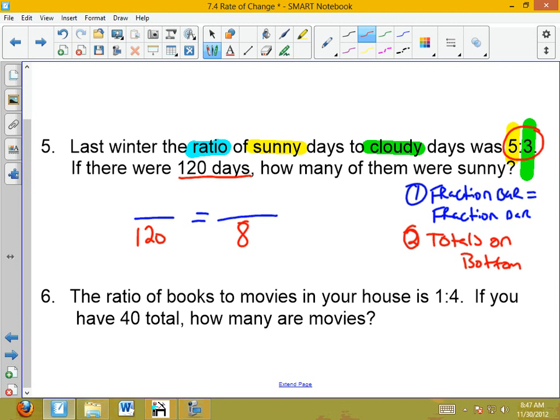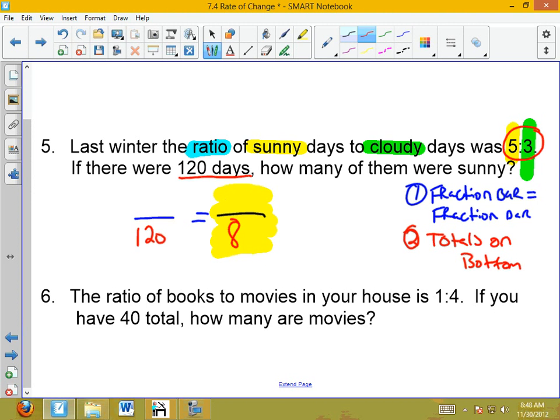So in my ratio, this fraction becomes my ratio fraction.